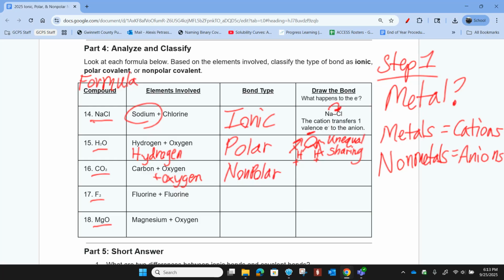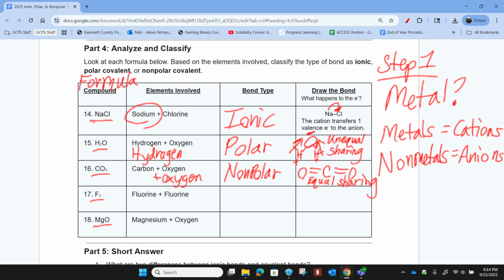So nonpolar, and if we draw it, I would actually draw carbon in the middle. Very, very equal pull of electrons. So equal sharing of electrons. Actually, I believe it's going to look more like this.